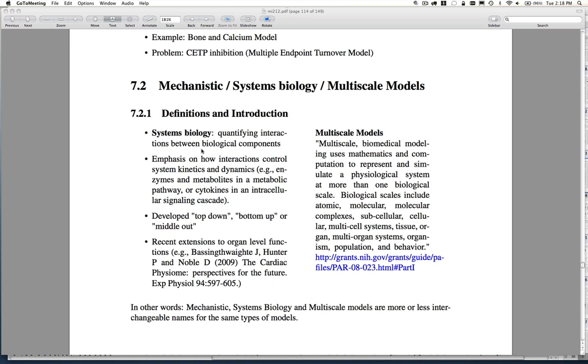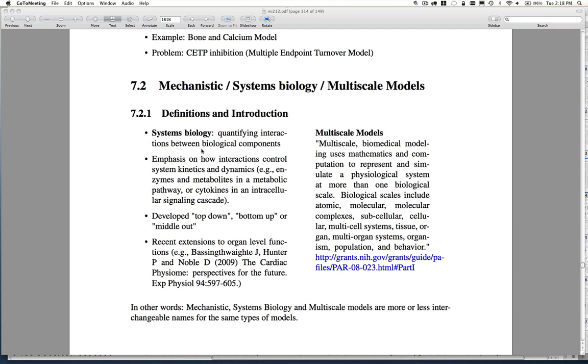Oftentimes this is done on a more microscopic scale than what we're used to, where they'll be looking at signaling pathways within cells, maybe moving up into how different enzyme systems work, but oftentimes it's been on a fairly small scale, although that's really been expanding within the last few years as well.